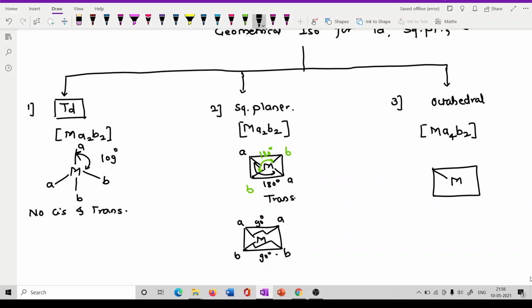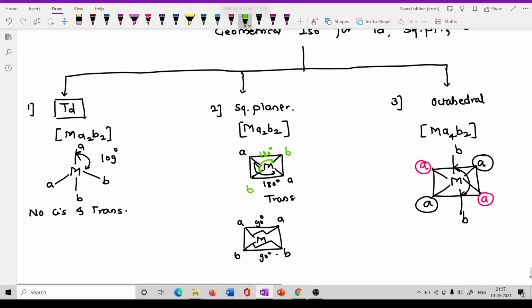This is the metal. If B and B are in the axial positions, they are opposite to each other at 180 degrees. This is AA, and this is my AA. These are the opposite groups, so this is my trans isomer.